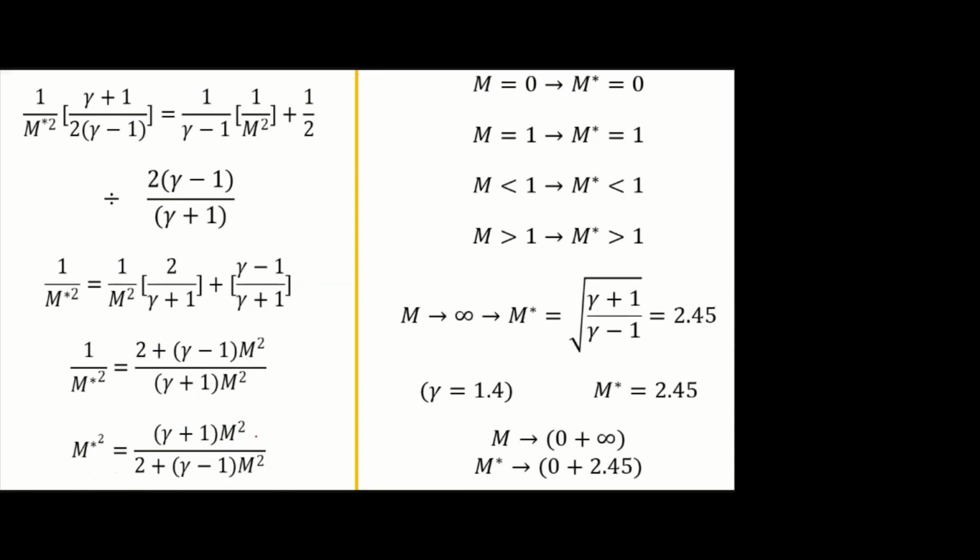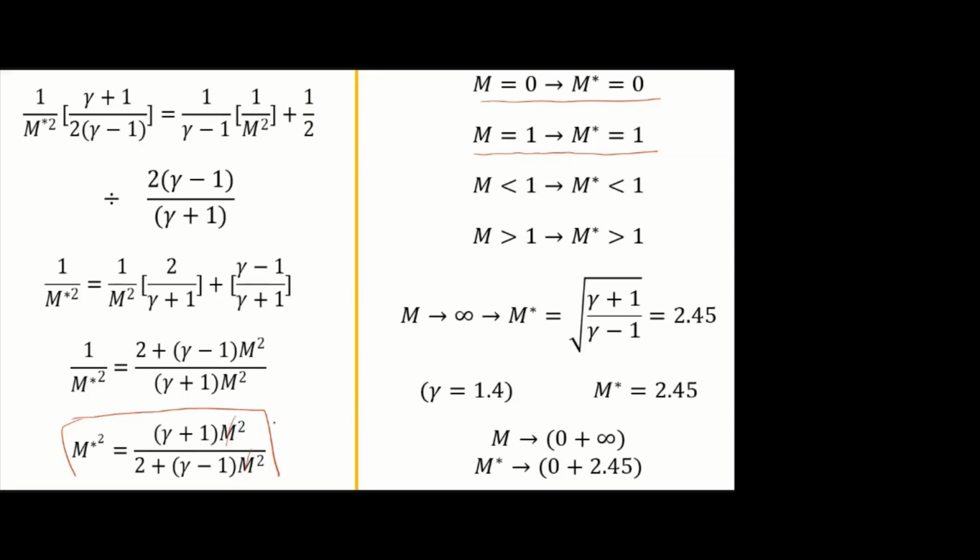So now we can check it. Here if you apply M is equal to 0, then M star also will be 0. And if you apply M is equal to 1, if you simplify, you will get gamma plus 1 divided by gamma plus 1, again 1. So M equal to 1 means M star is equal to 1.